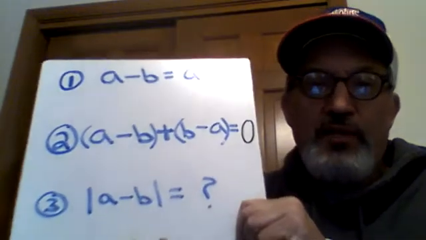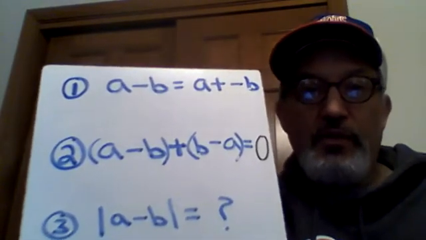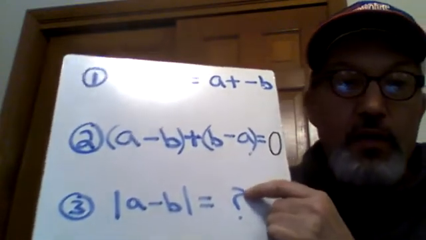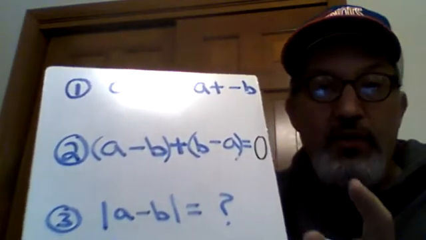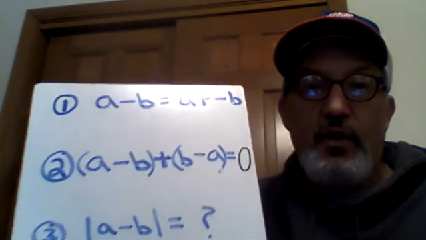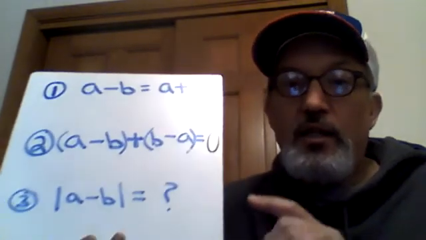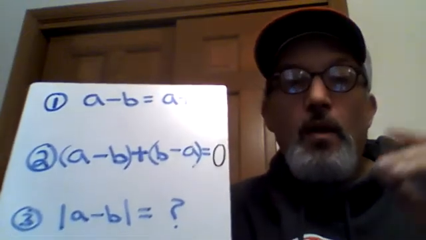Slight change of plans here. I noticed that we're up to 25 minutes. I think it's best to address this third item in another video. Replay this one as often as necessary until you understand it completely. It's very important that you do that.